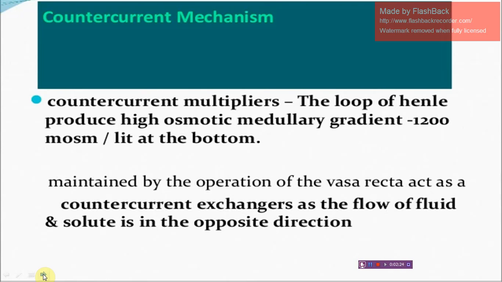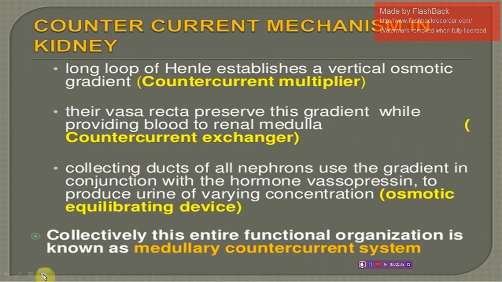This is maintained by the operation of the vasa recta, which act as countercurrent exchangers, as the flow of fluid and solute is in the opposite direction. Long loop of Henle establishes a vertical osmotic gradient, that is countercurrent multiplier, and their vasa recta preserve this gradient while providing blood to renal medulla, that is countercurrent exchanger.